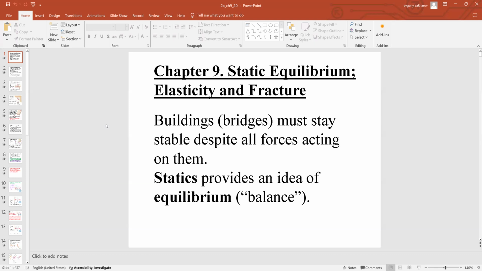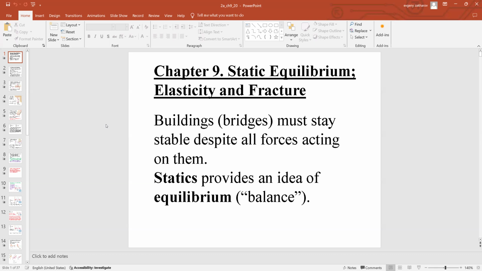Your project has to be stable and it has to withstand all of those force challenges, and not just forces, but also torques.